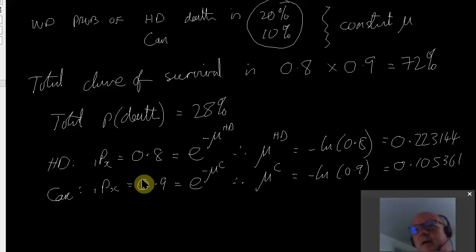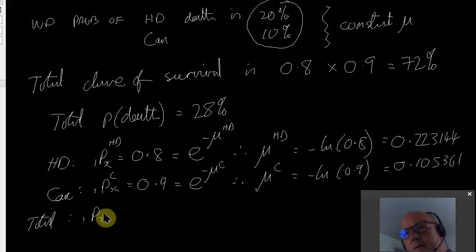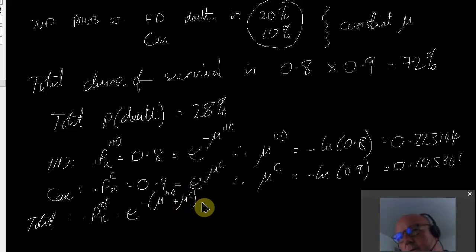And I'm saying the total probability of survival, 1px heart disease, 1px cancer total, is equal to e to the minus (mu heart disease plus mu cancer) times t, which is 1. So what's that equal to?